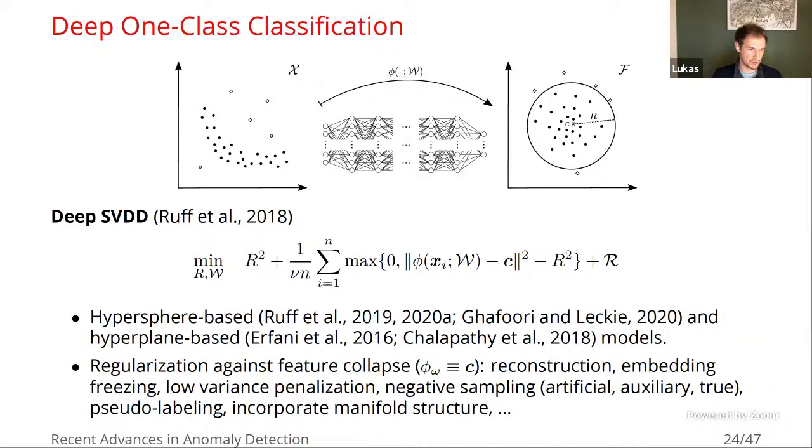This can be used to avoid this collapse, or also pseudo-labeling and self-supervised approaches, or incorporating some manifold structure into the data that preserves some structure in the feature space.